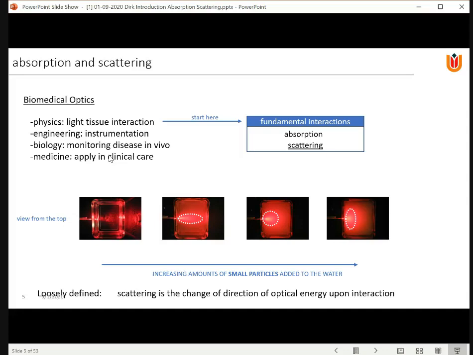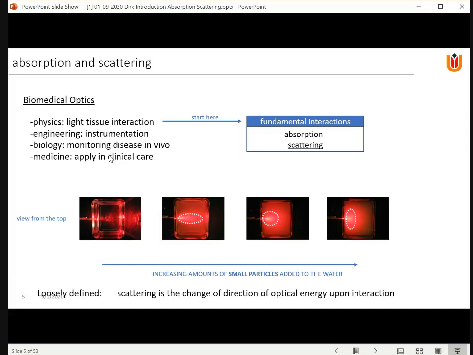If you look closely at the profile of the laser beam, which I've tried to accentuate a little bit with the dotted lines, you see that you get more or less light that reaches the detector, your eye in this case. But you can also see that the shape of the pattern of the beam inside the sample changes a little bit, and that is really the characteristic of scattering.